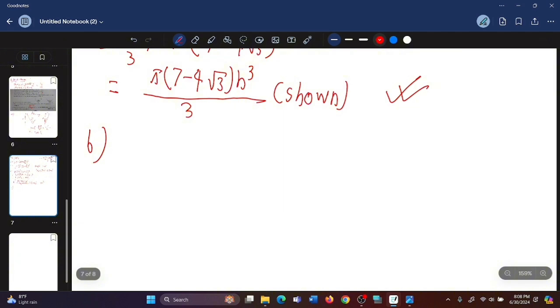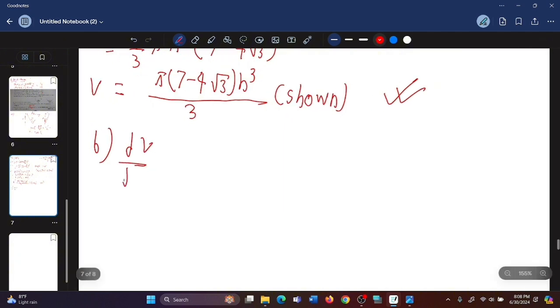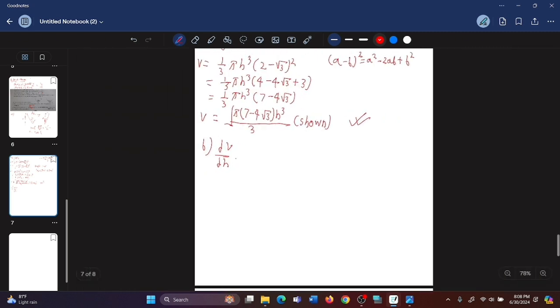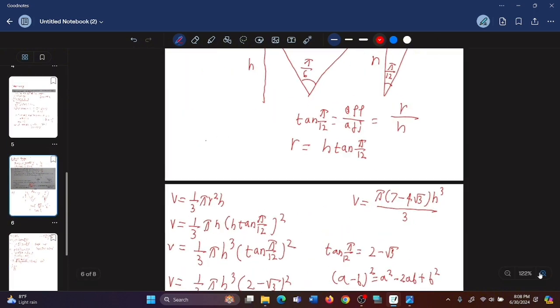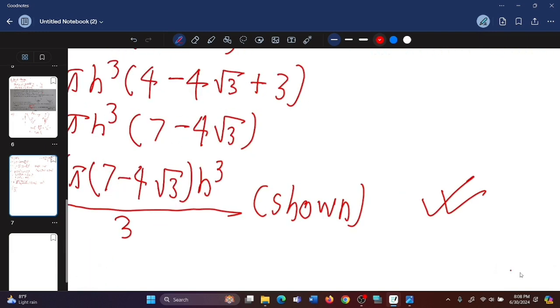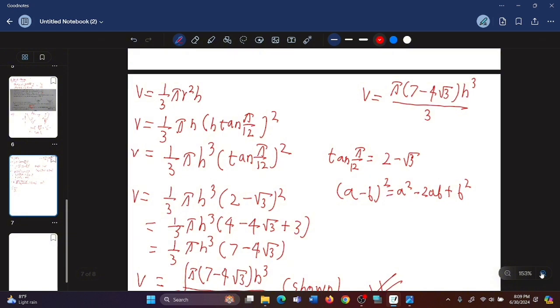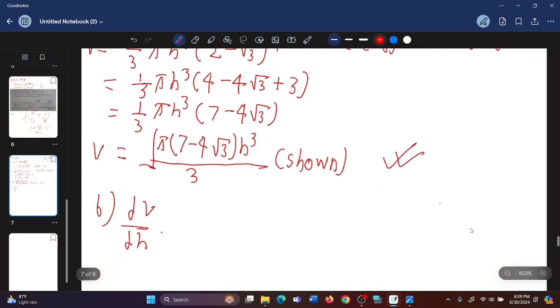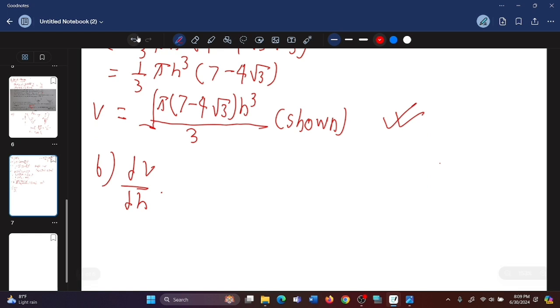If this is the equation of V, then dV by dh should be... if we see this entire thing that I'm circling, it is just a constant with h cube as the variable.